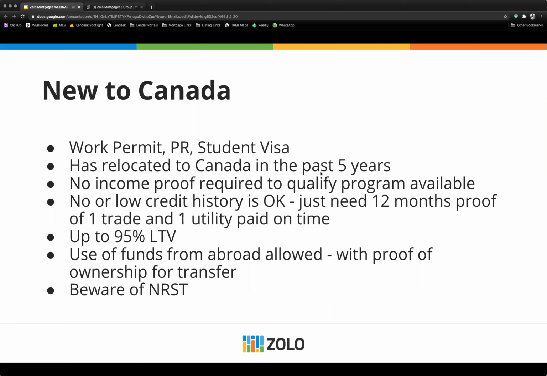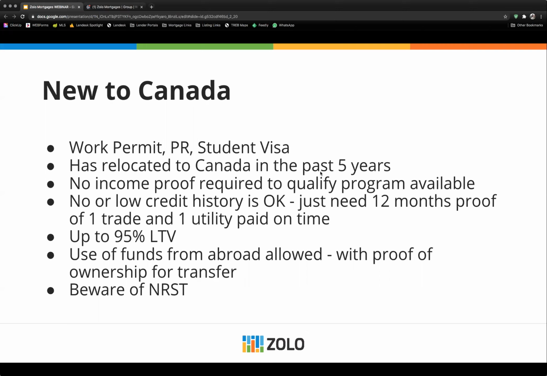We don't need you to have a credit history. All we need is 12 months proof that you have paid one trade and one utility bill on time. So bank statements, or the utility bill with 1 year history on their rental property that shows it's been paid on time in full, is all we need for credit history.